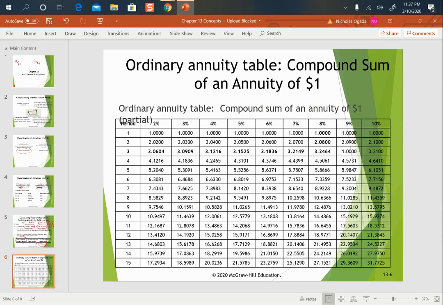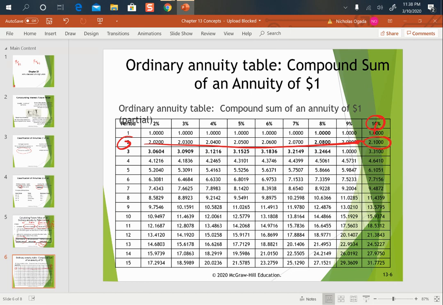For example, this is how the table will look like. That's for the ordinary annuity table. If you're looking at 10%, and this was a case of 2 years, then you just know that the table factor you're looking for will be 2.1.